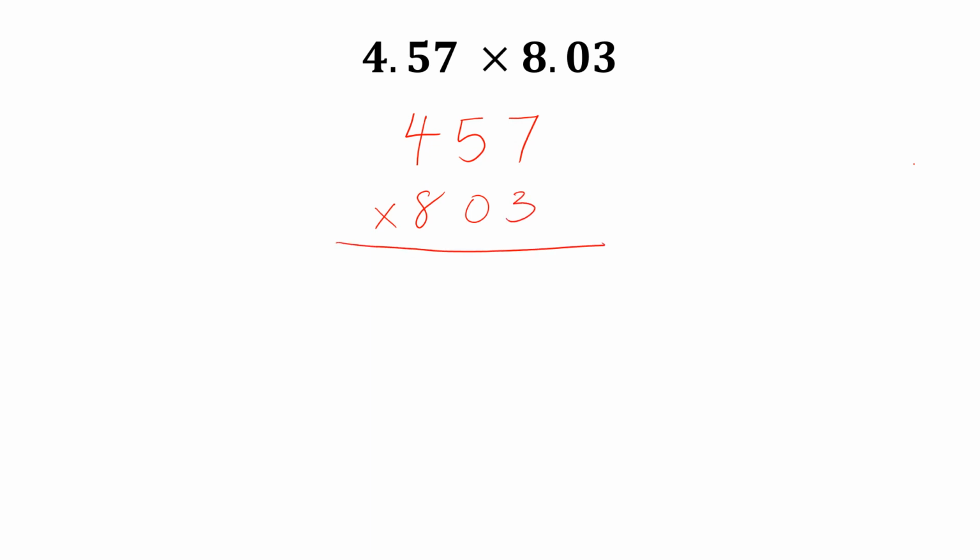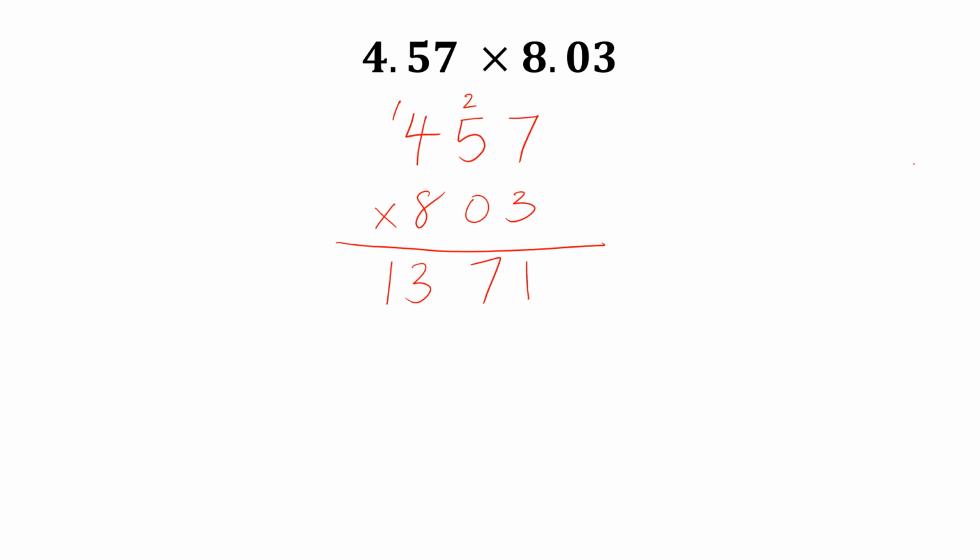So it's 3 times 7, that will give you 21. We put down the 1, carry the 2. So it's 3 times 5, that's 15. 15 plus 2, that's 17. We put down the 7, carry the 1. Then 3 times 4, that's 12, and 1, 13. We can put down the 13.